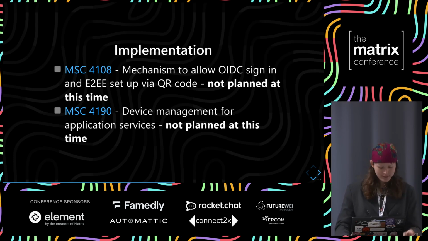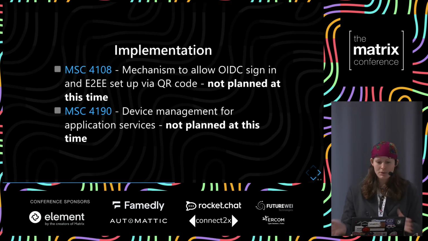What's not implemented and not intended in this implementation right now is OIDC sign-in and end-to-end encryption bootstrap via QR. The reason is simple. I wanted to have basic OIDC first, and once that's done, we can talk about everything else.